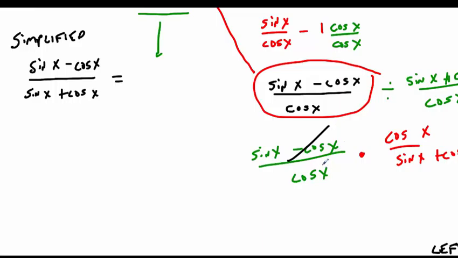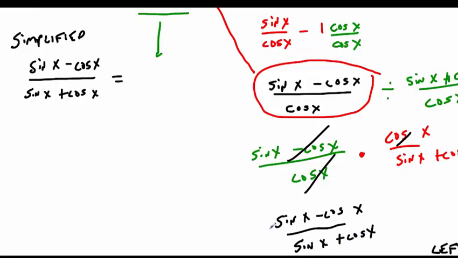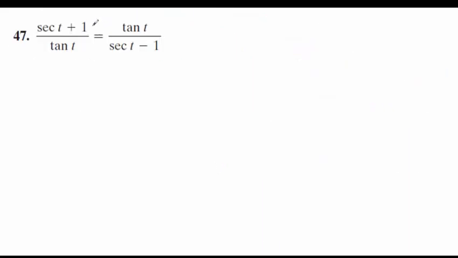I can see that these will cancel out, and I will have sine x minus cosine x over sine x plus cosine x. And therefore this was our left side, and this was our right side. So do they equal? Absolutely. Checked and done.